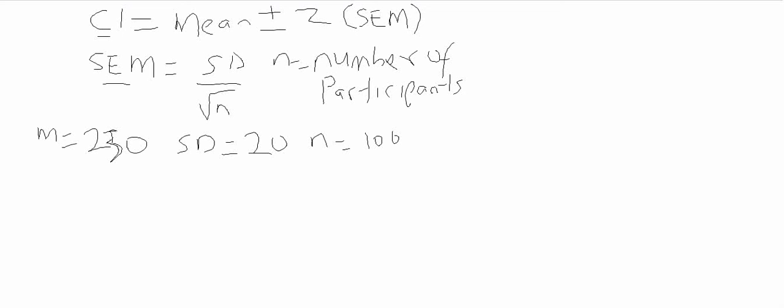So standard deviation is 20 over the root of n, which is 100, so the root of 100 is 10, and 20 over 10 is equal to 2. So our standard error of the mean is 2.